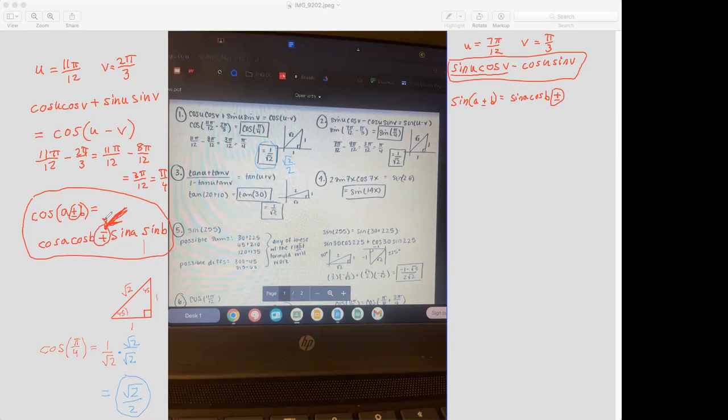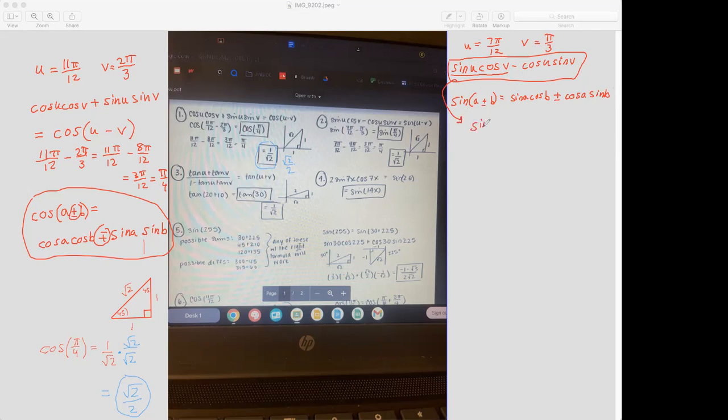You see this is difference. Okay, that matters. And then it's cosine A, sine B. Okay, so this one, the signs are going to match. So this is minus. So the one I'm going to pick is the one with the minus.